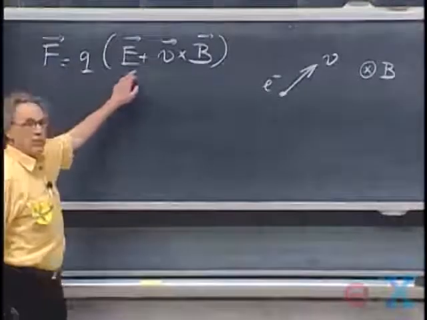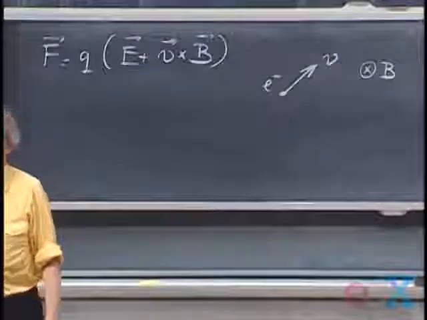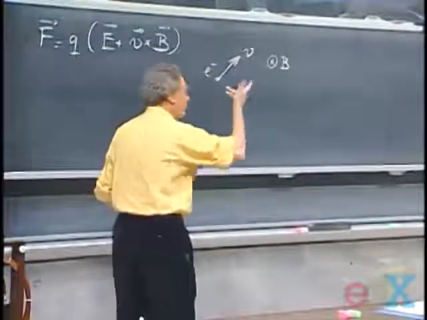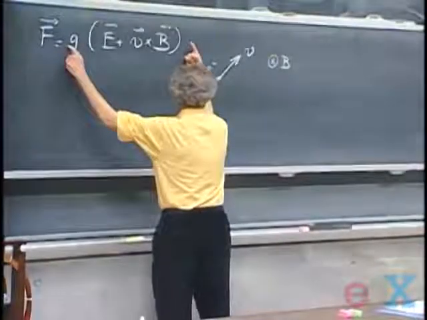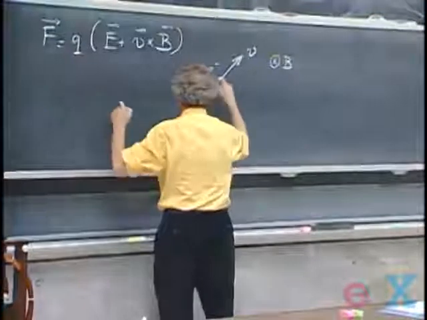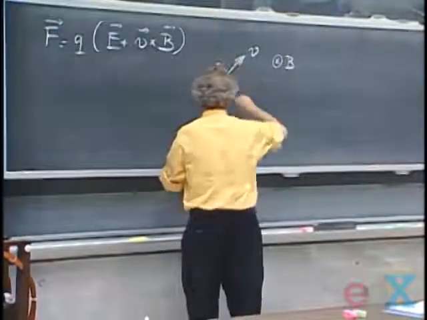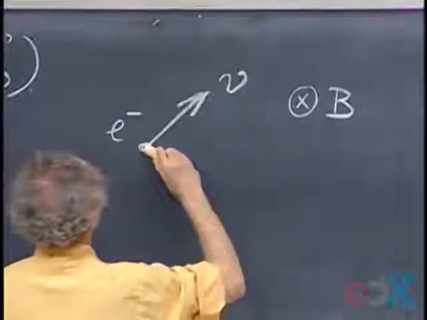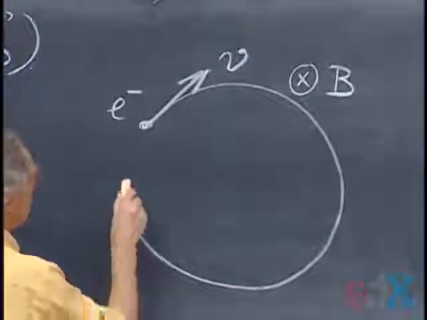There is no electric field, so we only deal with Q times V cross B. V cross B, you should be able to do that, cross product, is in this direction, but since the charge is negative, the force on this charge is in this direction. And so the electron is going to turn over in this direction, and you're going to get a circle if the magnetic field is uniform.